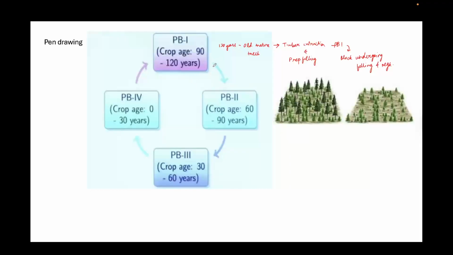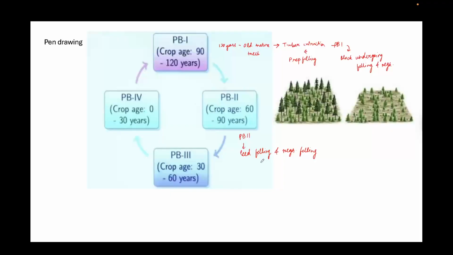And what happens when the PB1 is felled? Now it enters the second block, which is the PB2, where we have the seed felling and regeneration felling. The crop which was cut from the shelter wood trees is now regenerating.